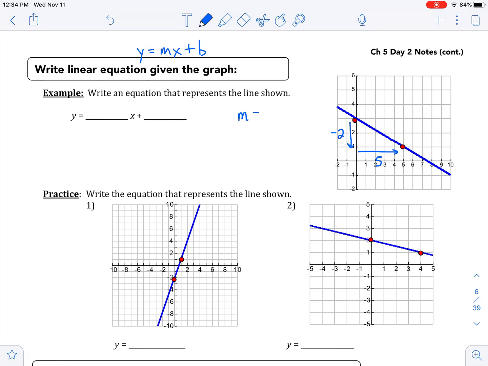So I know that my m value here is -2 divided by 5. I also know that my b value is the y-intercept, which is on the y-axis, which is this point right here, which was (0, 3), which tells me my b value is 3. So when we write y equals mx plus b form, this is going to be -2/5 times x plus 3.